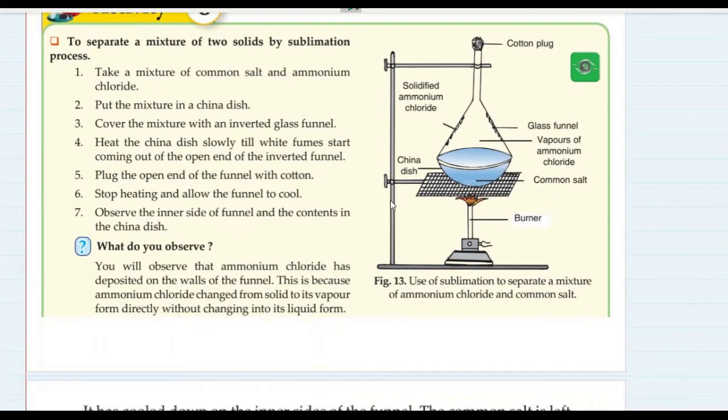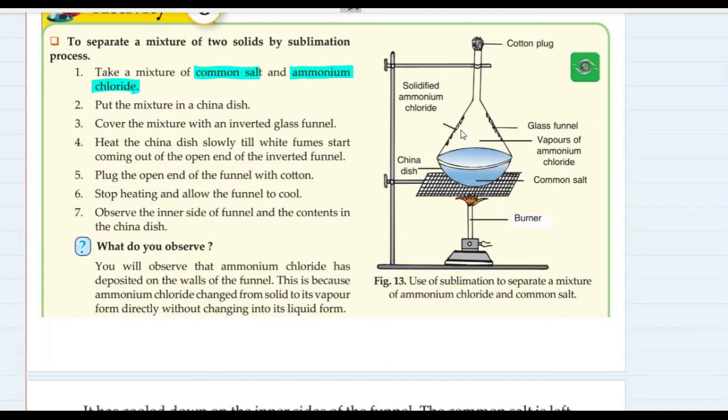In the process of sublimation, for separating a mixture of two solids, we take one china dish in which we put the mixture of common salt, which is non-sublimable, and ammonium chloride. Then we heat this china dish by keeping an inverted funnel over it.